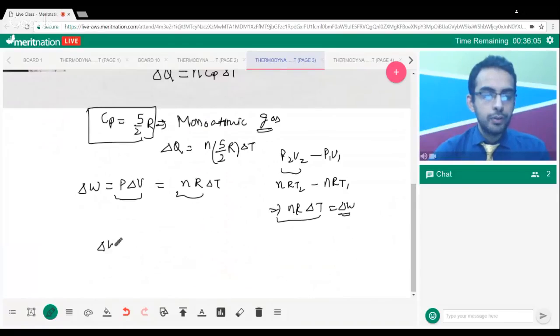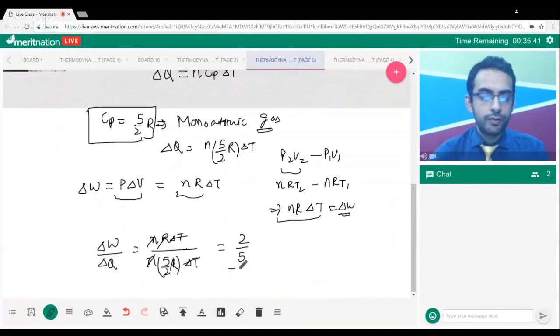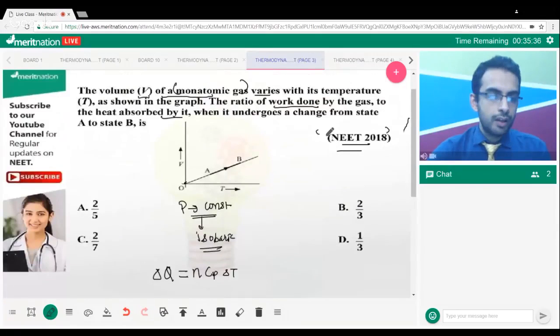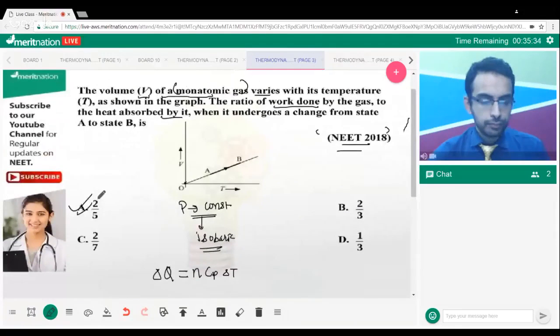So delta W by delta Q we have to find, and delta W is equal to nR into delta T divided by n into 5 by 2 R into delta T. So n and n can be cancelled, R and R can be cancelled, delta T and delta T can be cancelled. So this becomes 2 by 5. So which is the correct answer? A is the correct answer for this question.